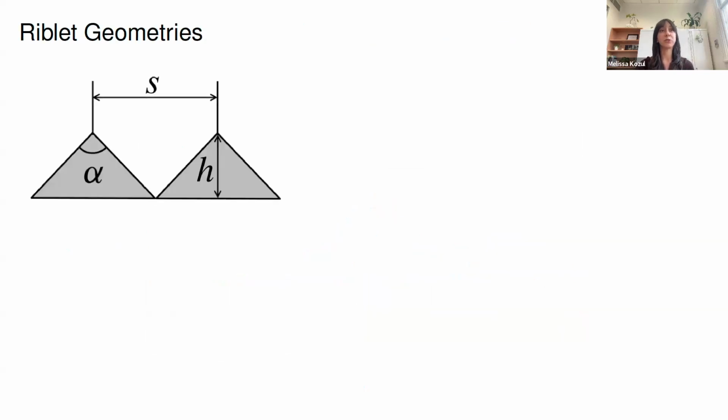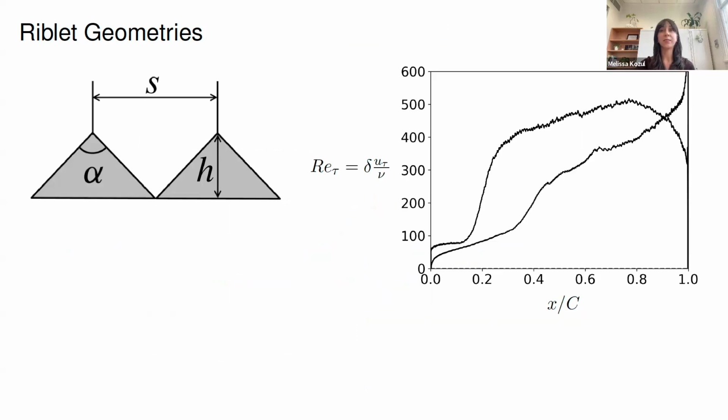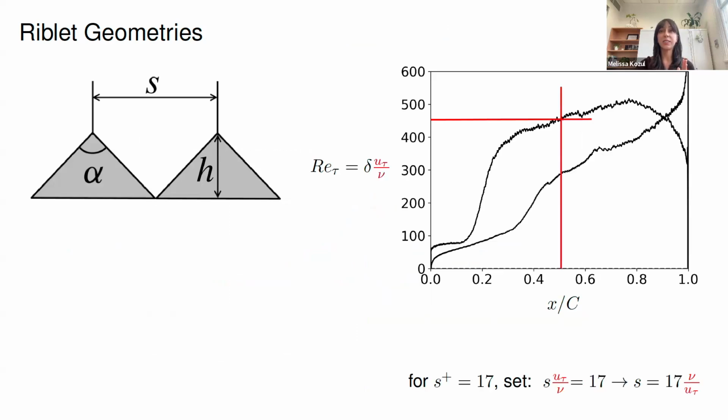Okay, so what riblet geometries did we choose? We went for this triangular shape, and we need to size these riblets. This is again one of those Reynolds number issues that I was talking about before. We need to size it correctly.